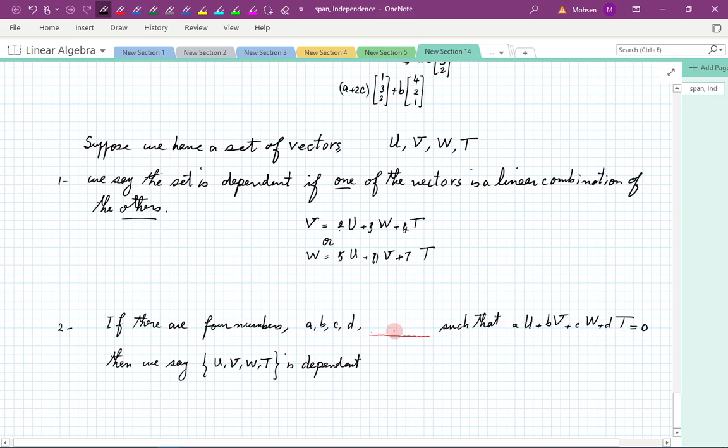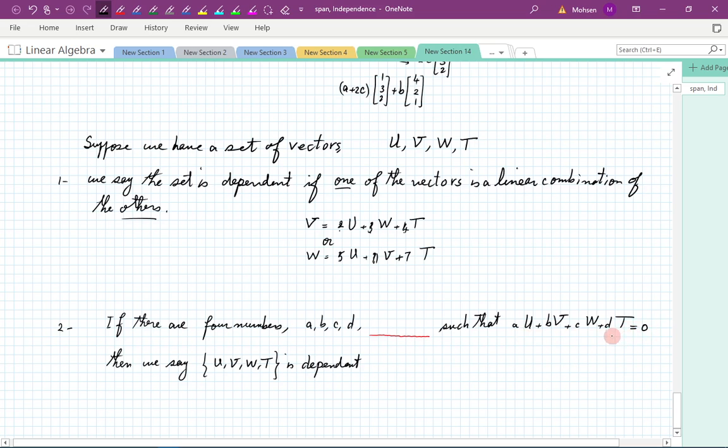If there are 4 numbers such that this is 0, there is an easy choice of A, B, C, D that makes this thing 0 regardless of who U, V, W, and T are. Okay, what can I put here to make this thing 0? Of course, I can put all of them 0. This is always going to be 0.